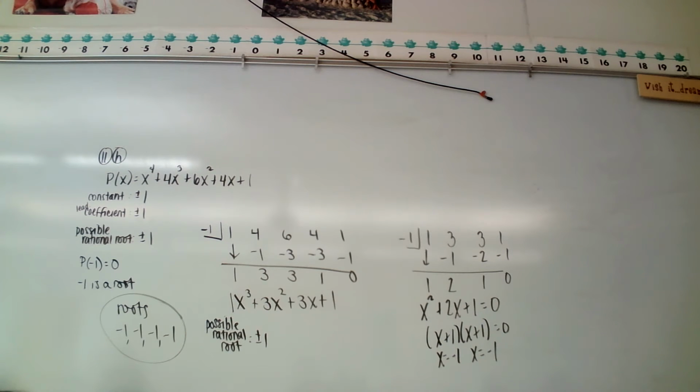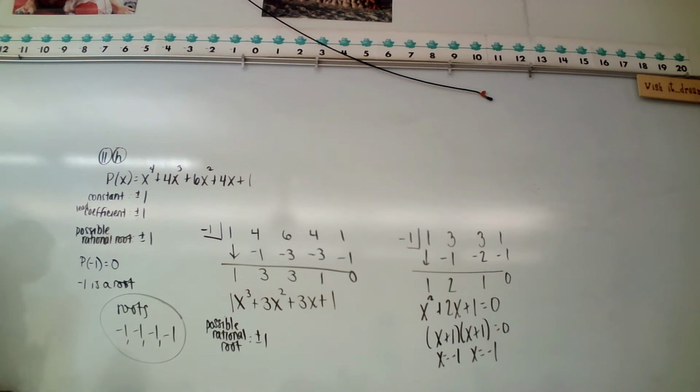I might not make you do all of these problems, just when you do that rational root theorem, it takes forever. All right, let's go to number 12. Let's do 12A.